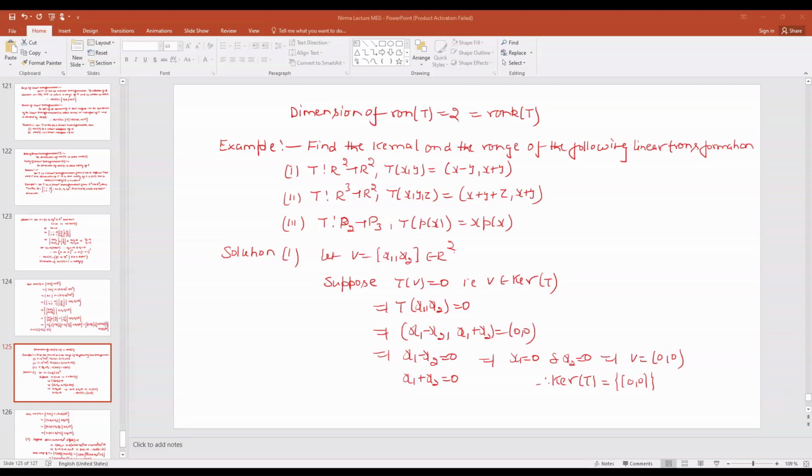Roll number 8 is absent. 10 present, 12, 13, 14, 15, 16, 17, 18, 19 present. 23, 24, 28, 29 present.